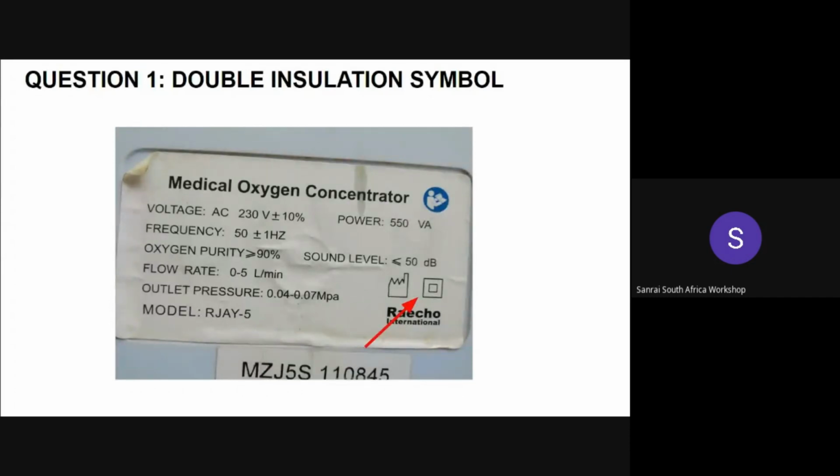This is mostly achieved by using a plastic casing. Plastic does not conduct electricity. Therefore, even if there is some current leakage, the plastic casing of the concentrator will not conduct electricity, hence saving the users from any electrical shocks.